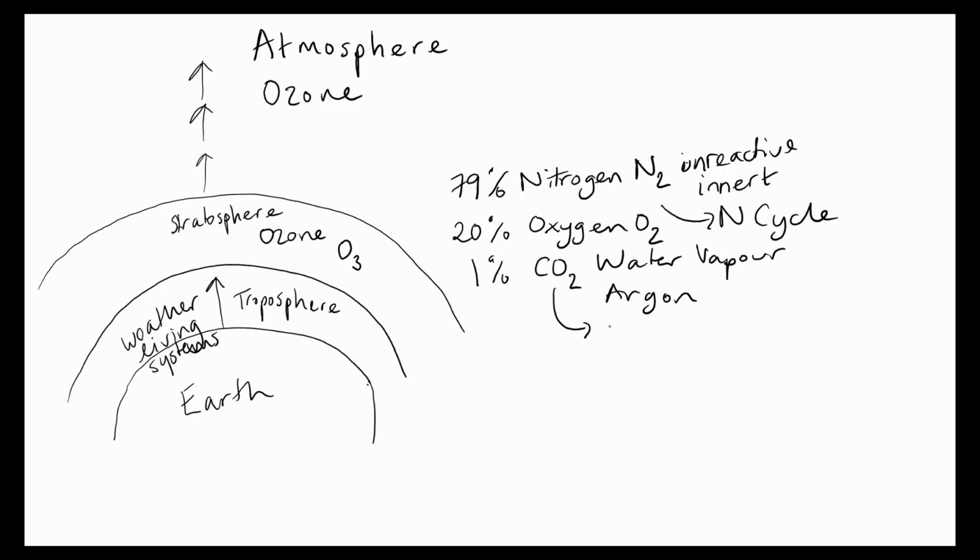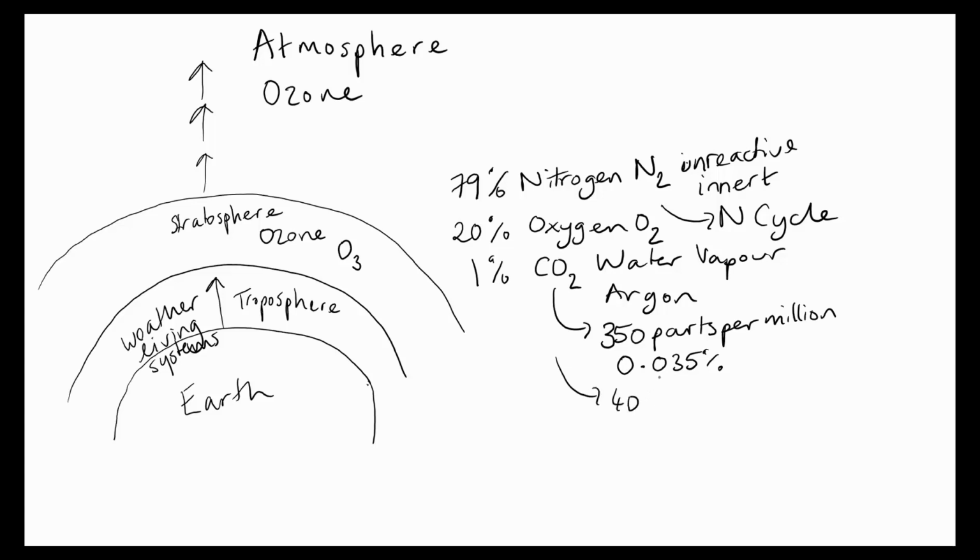Carbon dioxide, for the vast majority of human history, was at a level of 350 parts per million. So that's 0.035%. But at the moment we've gone over 400.